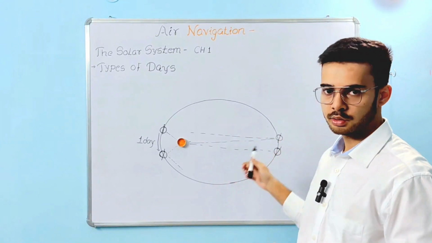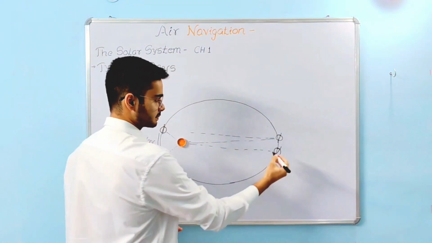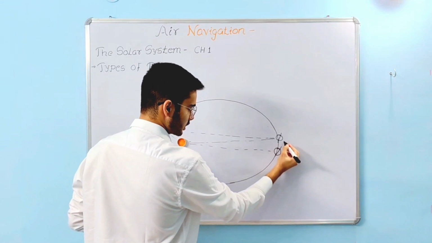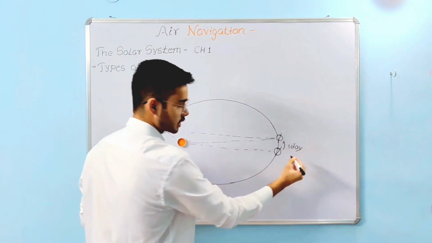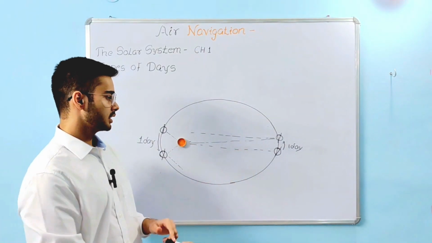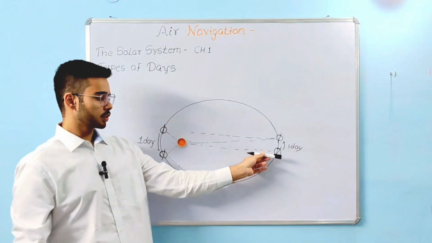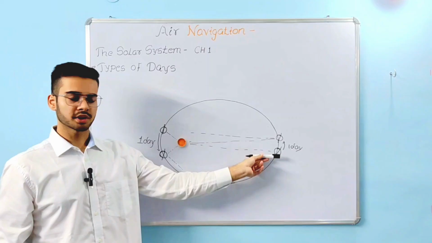That's why I made it closer. So let's understand. It traveled this much in one day. So again, we see this was the point where the Earth was pointing to our sun.